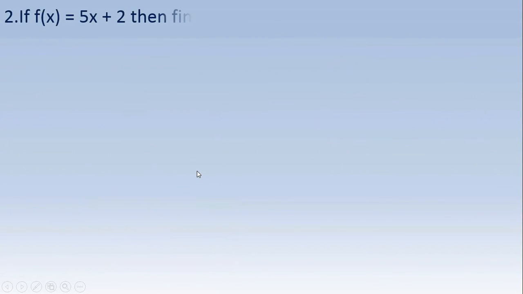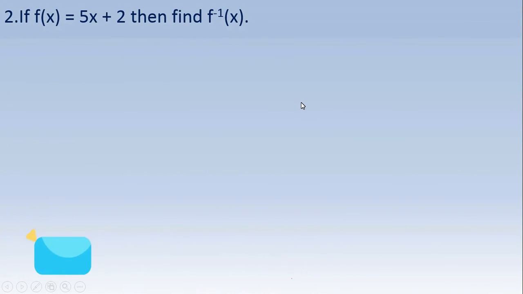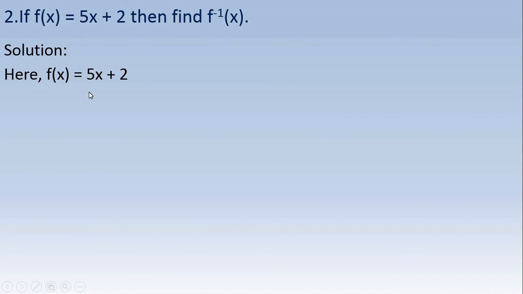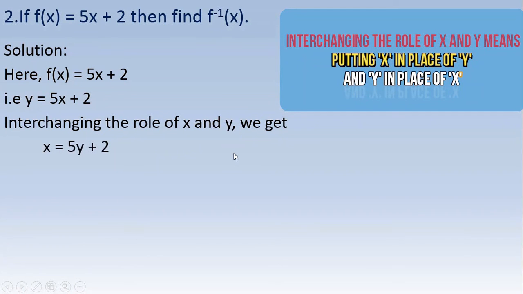Okay, now second problem, if f(x) equals 5x plus 2, then find f inverse of x. It is a problem solution. Let y equal f(x) and now we interchange the role of x and y. By doing so we get x equals 5y plus 2.